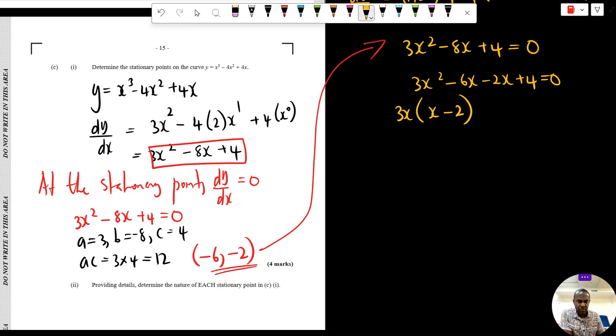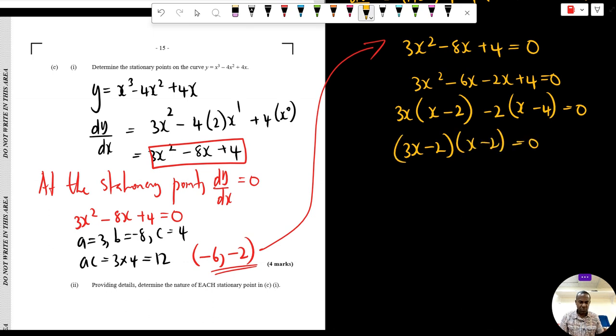We close our bracket. For the next two terms, we must factor out a number so that we get the same thing inside the brackets. And this number is obviously negative 2. And so we get x minus 2, close our bracket, equals 0. And so we get by the distributive law, 3x minus 2 times x minus 2 equals 0.